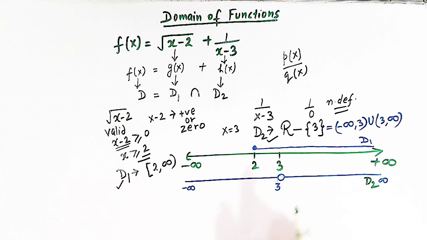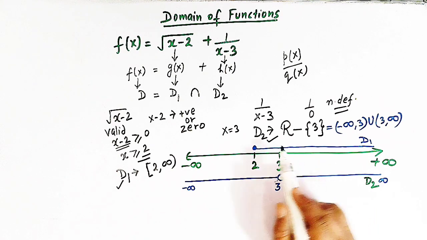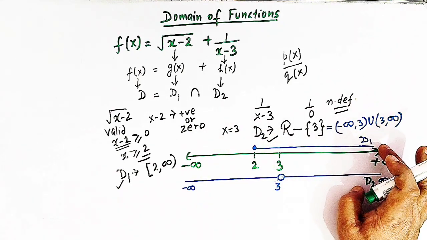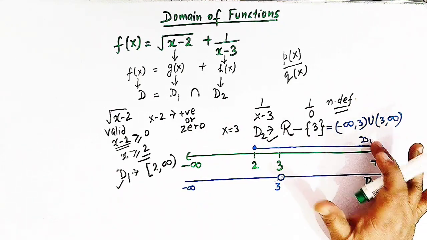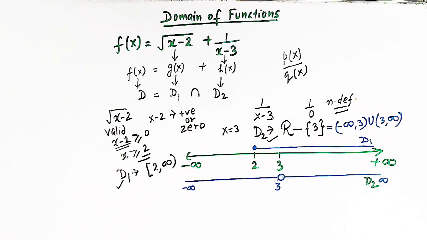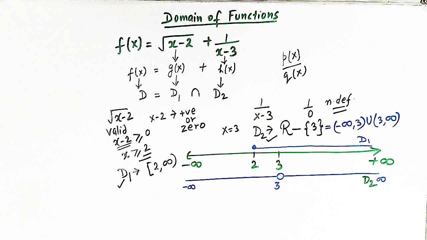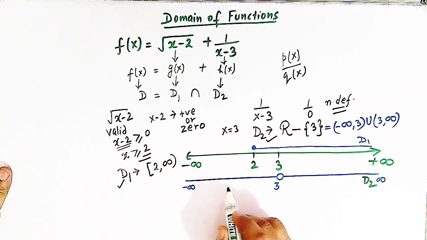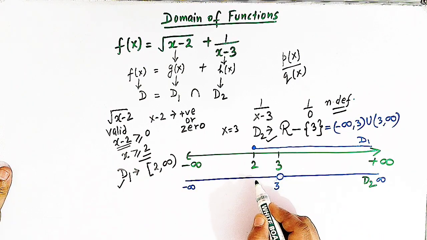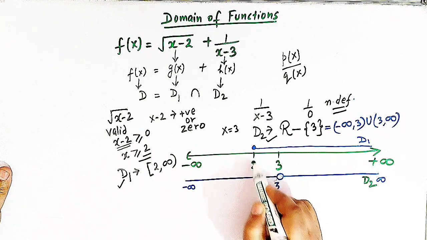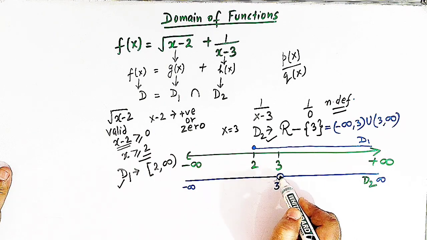Okay, so now from D1 and D2, we have to identify the common region, right? And from this real number line and the domains D1 and D2, we can easily identify the common region. So now the common region comprises the interval from 2 to 3.